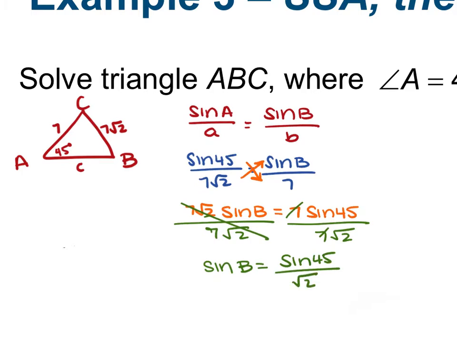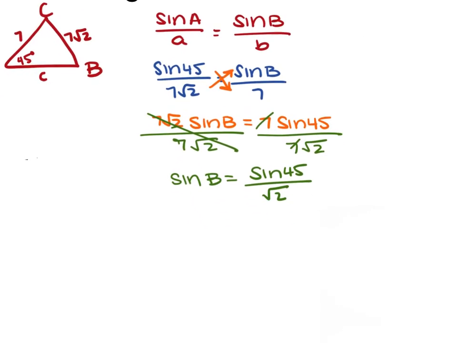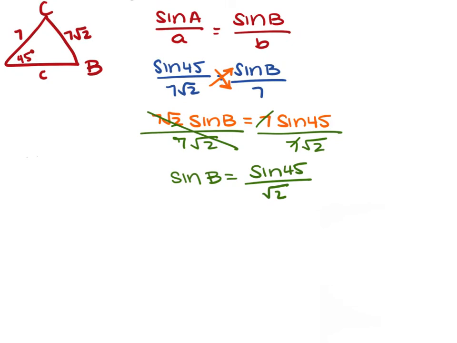Now, I wait to put this in my calculator because I know that when I solve for this, I'm going to be solving for the angle B, which is going to be the inverse of sine, so that's sine to the negative 1 power of sine 45 divided by the square root of 2.